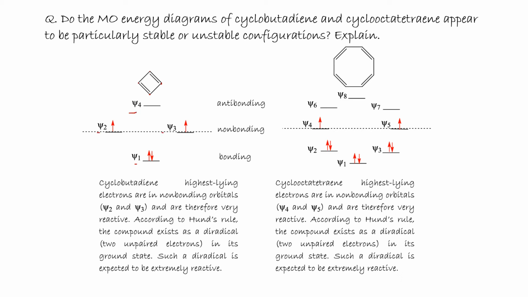As we mentioned, here is bonding, give it 2 electrons. Now anti-bonding, non-bonding. For non-bonding, we give 1 because they are equal in energy. We give 1, we give 1, and they are going to be parallel in spin.